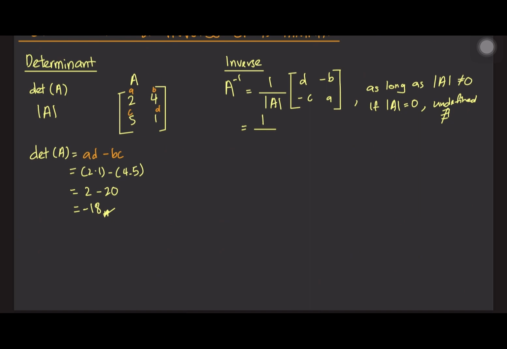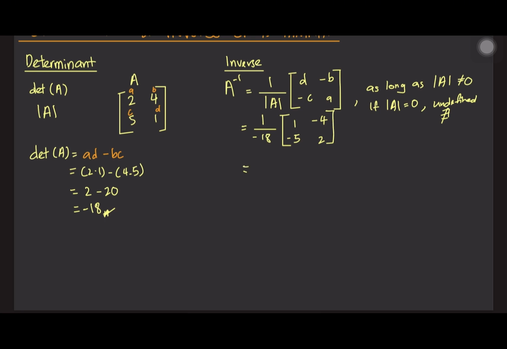So in this case, for matrix A, we found our determinant, negative 18. Then D is 1, negative B is negative 4, negative C is negative 5, and A is just 2.